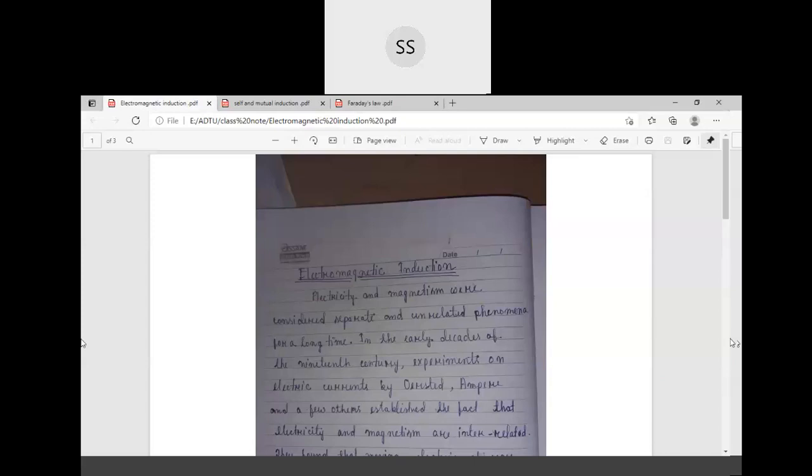Okay, so before we start electromagnetic induction, first we have to know what is electric field and what is magnetic field. So does anyone remember the definition of electric field and magnetic field? Anyone? Can you tell me?